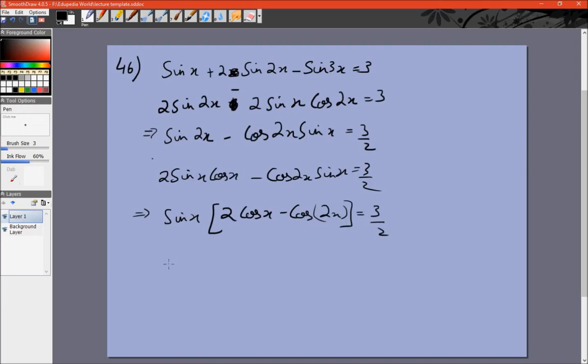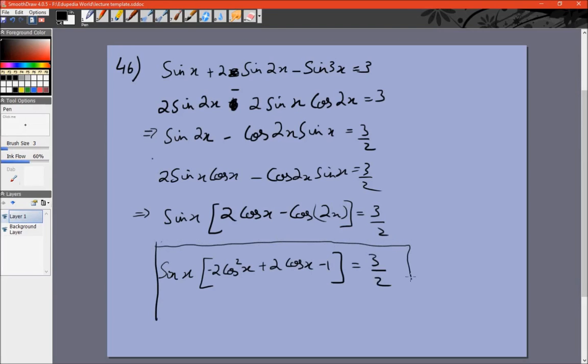Which is sin x times, now we'll just use the formula for cos 2x, which is 1 plus 2 cos square x. So we'll get minus 2 cos square x plus 2 cos x minus 1 is equal to 3 by 2.